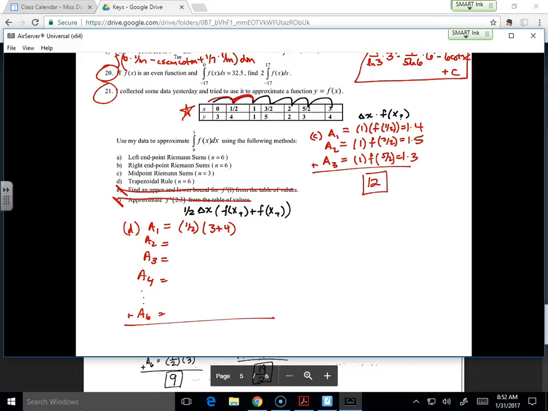The base, once again, is 1/2. What are my heights of that guy? On either side, don't I have 4 plus 1? We could keep on going. 1/2 times 1 plus 5. 1/2 times 5 plus 2, etc., etc., etc.